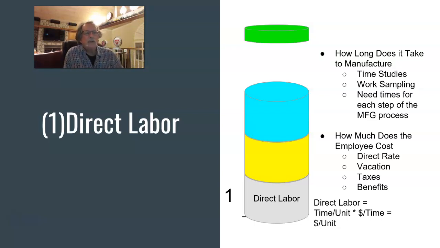And then we need to understand how much an employee costs, his direct rate. We need to allow for vacation, taxes, and benefits. And that gives us a time. Our direct labor is the time for each unit times what an employee gets paid per hour, and it's a fully allocated per hour.